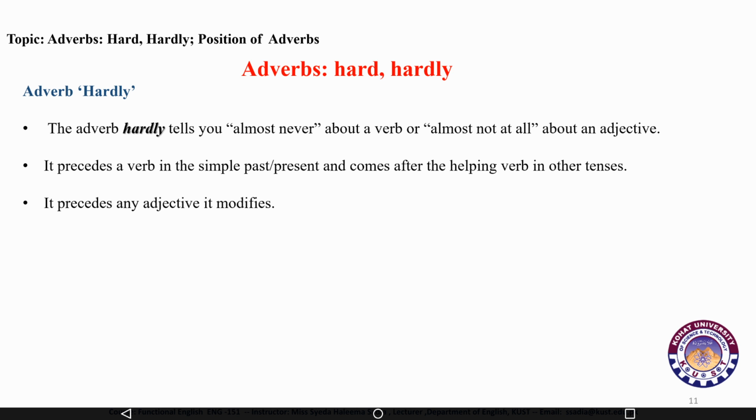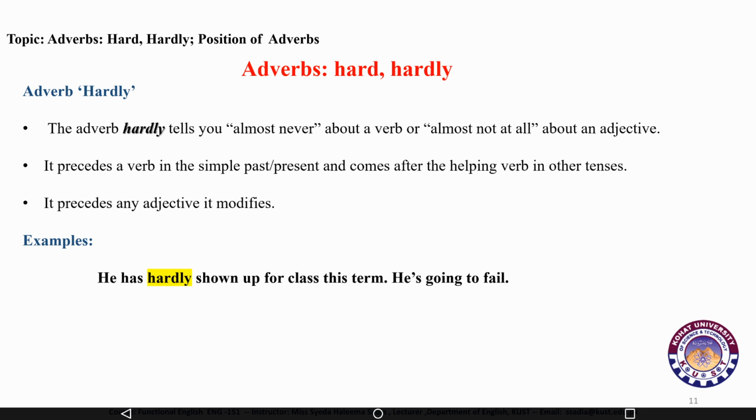It precedes any adjective it modifies. For example, he has hardly shown up for the class this term. He's going to fail. Don't be so lazy. You are hardly trying. Why not? So here we can see that it precedes any adjective it modifies.